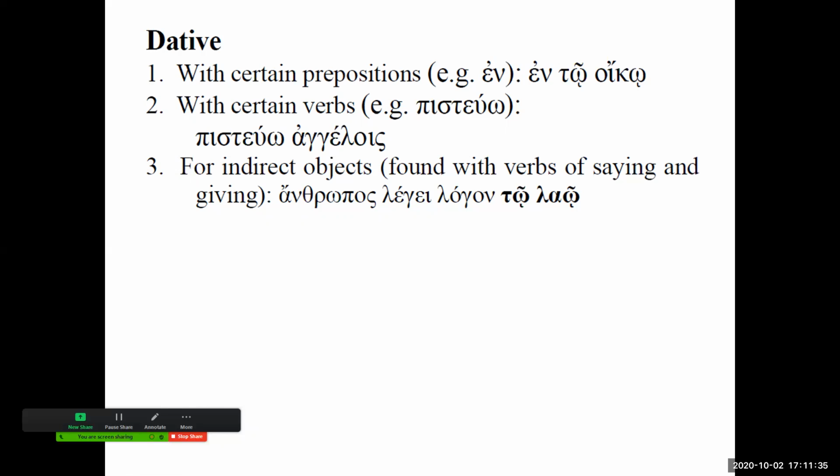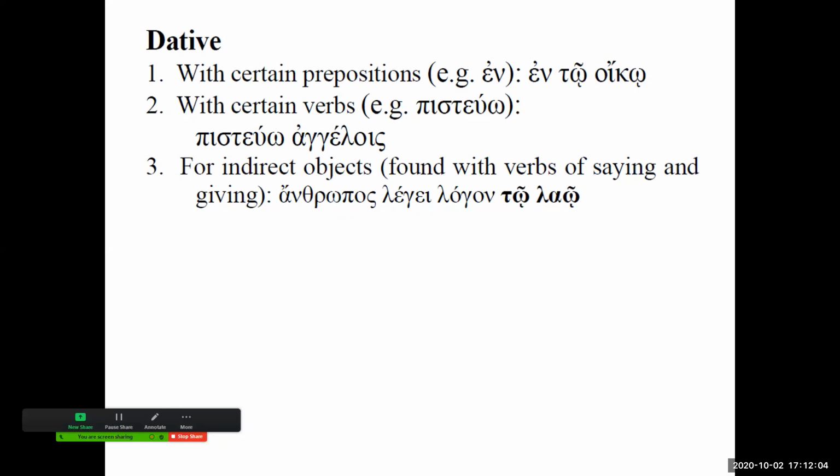Certain verbs don't take the accusative case as the direct object. They take the dative case. For example, pisteuō is the word for believe or trust in the New Testament. And if it's used directly with a direct object, it's pisteuō angelois, I believe angels.